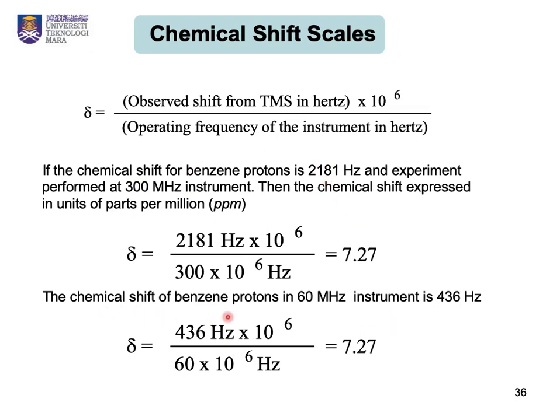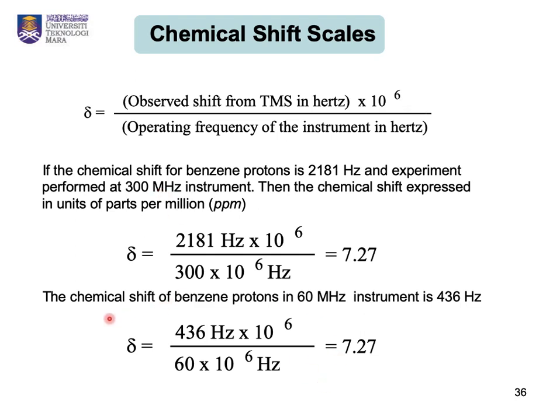In the case of 60 megahertz, the value will be 436. So that's why we do not usually use the hertz unit, because the value of the proton is continuously changing with the hertz or the strength of the magnet.